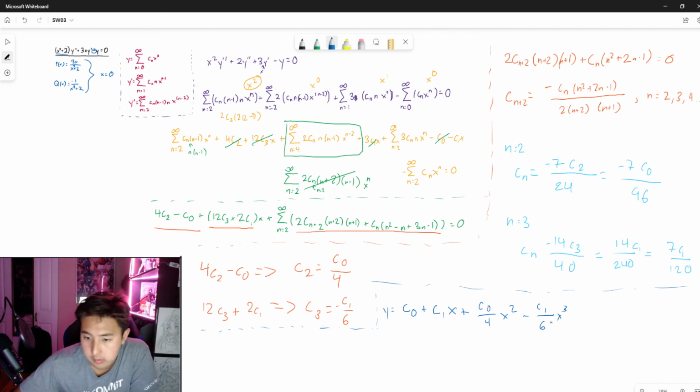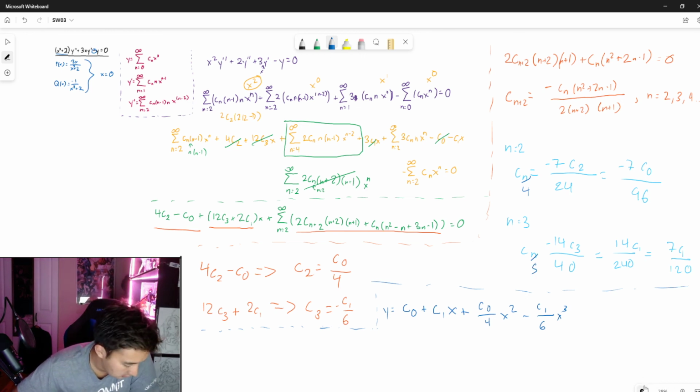Then C4, which we have established because this is n plus 2. So n plus 2, if it's 2 plus 2, that's going to be C4, and then this will be C5.